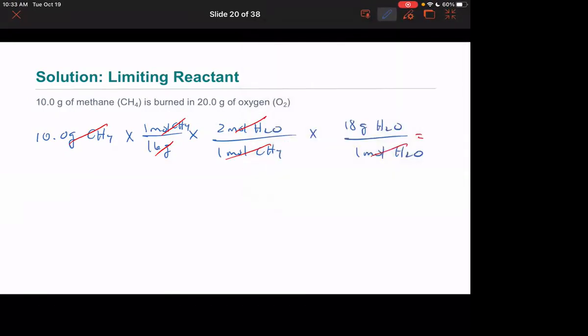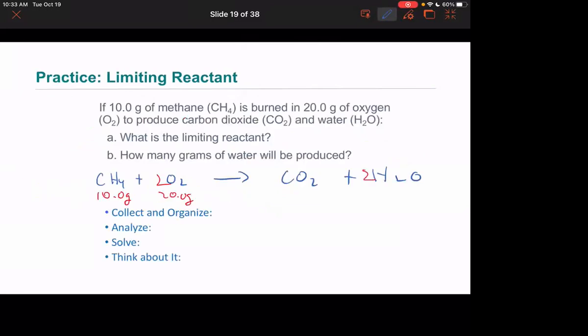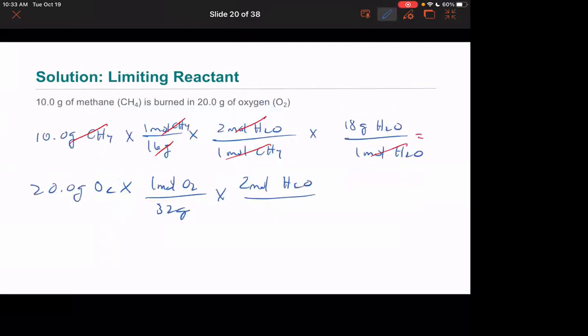And then while someone's calculating that out, we can do the 20 grams of O2 times 1 mole of O2 is 32 grams, times the numerator will be the same, 2 moles of water, but the denominator for every 2 moles of O2, we need to use our stoichiometry, right? Our recipe, 2 moles of O2.